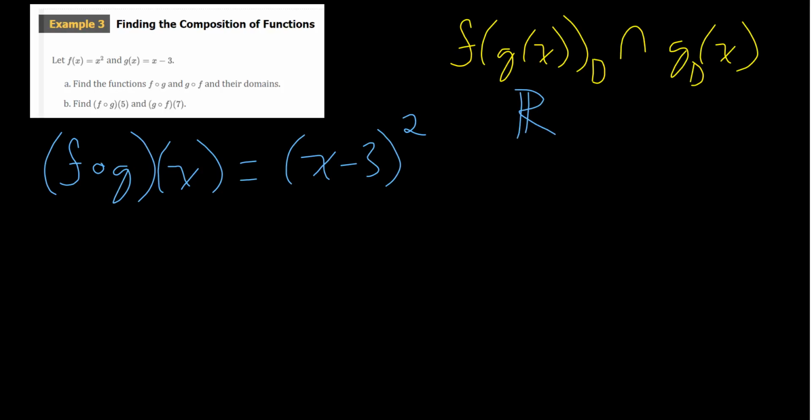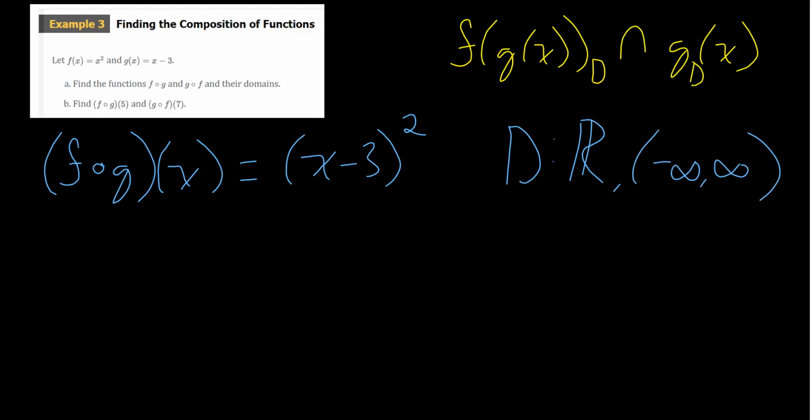And then if I look at the domain of g of x, same thing, right? It's a linear equation. There's not a variable in the denominator. There's not a variable in a radical. So it's going to be real numbers intersected with real numbers, and therefore the domain is just going to be all real numbers. Okay. So the domain here is all real numbers. You can also write it like this: negative infinity to positive infinity. Okay, same thing.